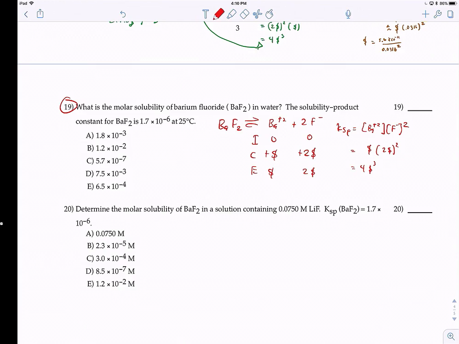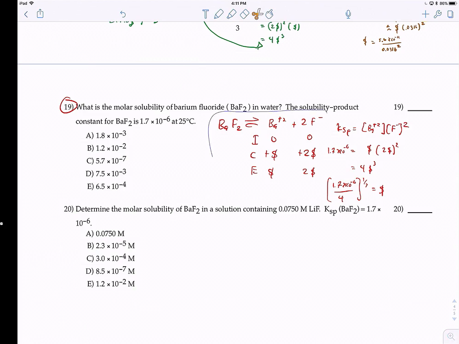This is 1.7 times 10 to the minus 6, so 1.7 times 10 to the minus 6 all over 4, and the cube root is equal to the molar solubility. We did these in class. Does anybody have any questions with how I did that?